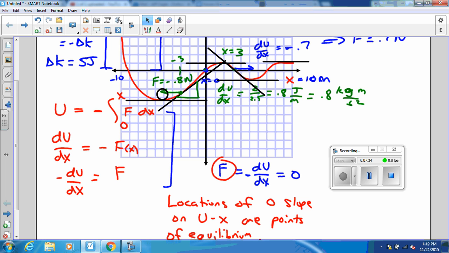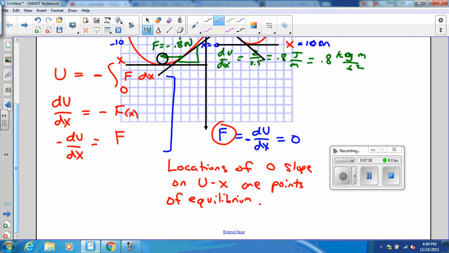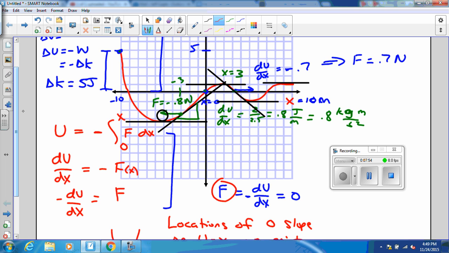In other words, no matter which way the object moves, it's going to experience a force that pushes it back towards this equilibrium point. And so for that reason, equilibrium points that are concave up, we call stable equilibrium points, because a slight displacement from equilibrium simply sends the object back towards its equilibrium point.